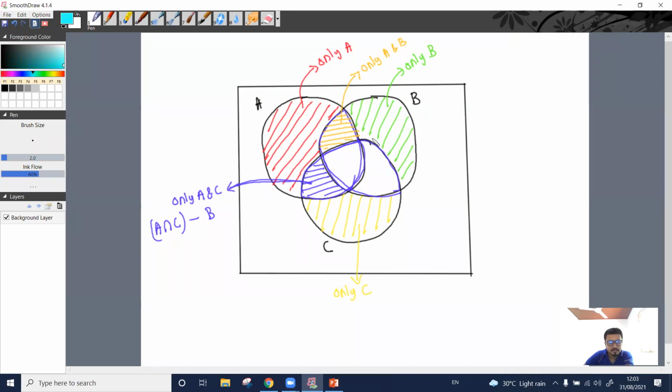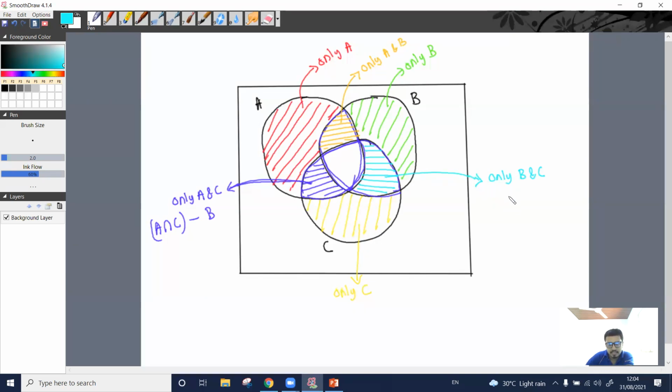Then what about this part? Only B and C. Yes, the area that belongs only to B and C. If you write the same using notations, how should it be?